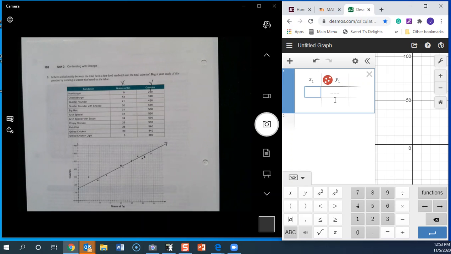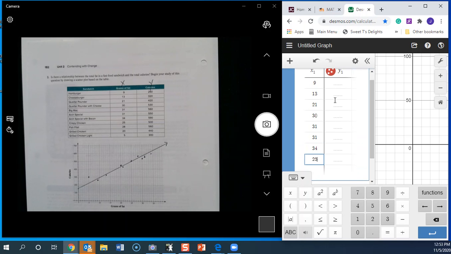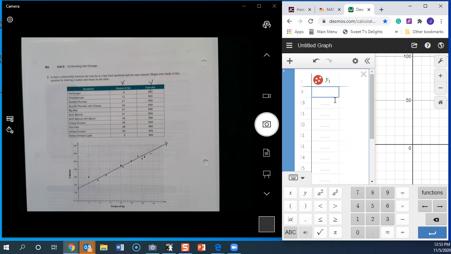So we had 9, 13, 21, 30, 31, 31, 34, 25, 28, 20, and also 5. Now, we go here on the other side to type in the Y values.